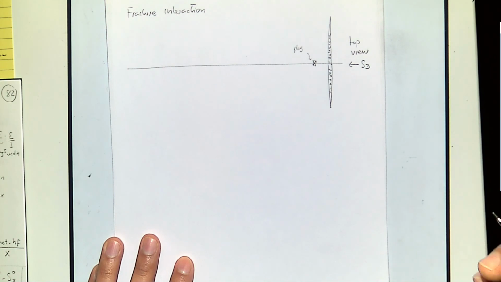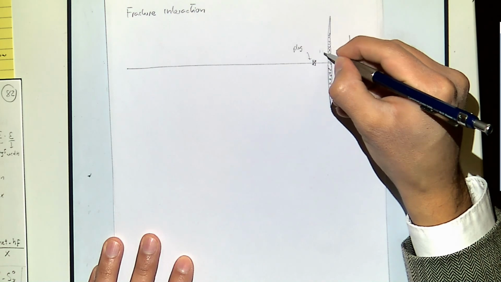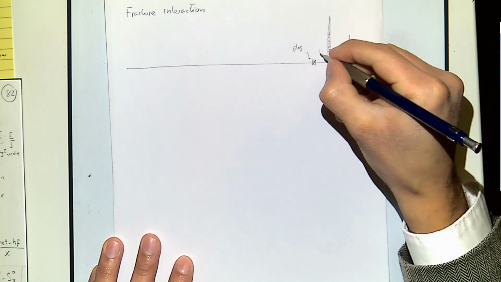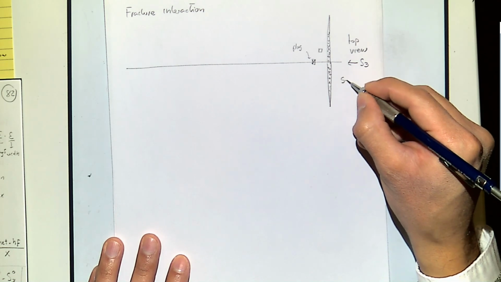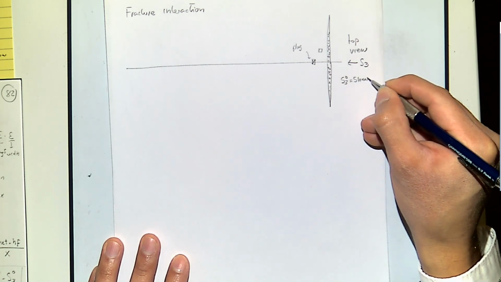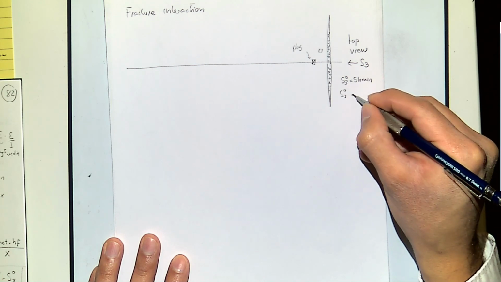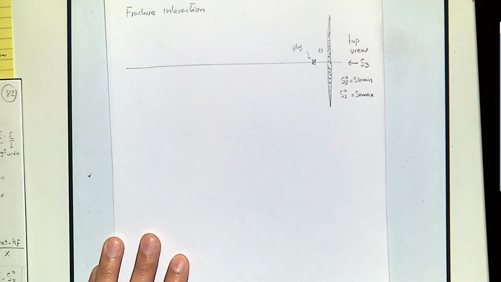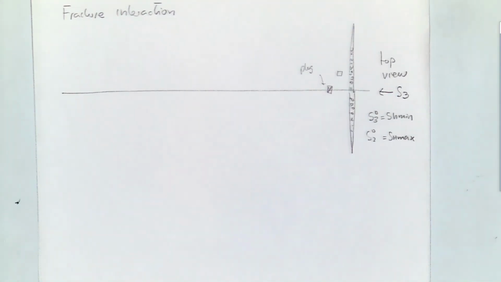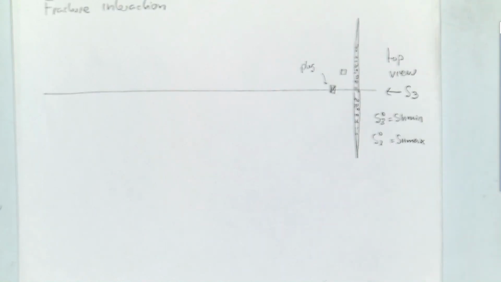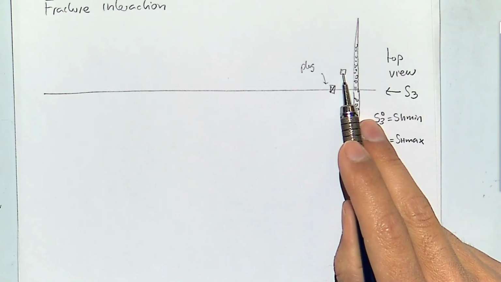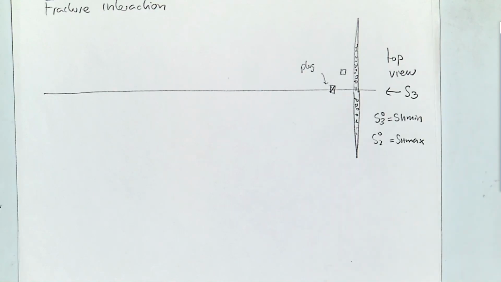All right, so what do you think is going to happen with the rock that is adjacent to the fracture? If you had an initial state of stress that was SH min and an initial intermediate stress that, let's say in this case, is SH max, when you put the hydraulic fracture, what is going to happen with the stress near that fracture?